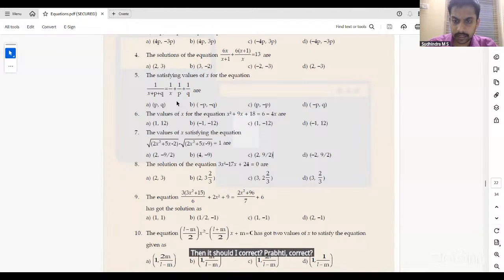Ganavi correct. Kushal correct. Very good. Annapurna Nayak correct. Bhargavi incorrect.